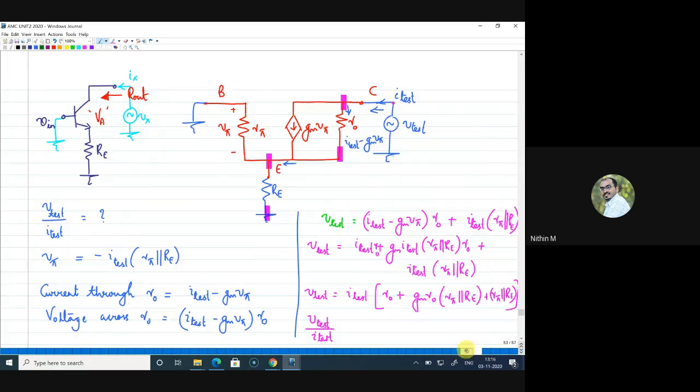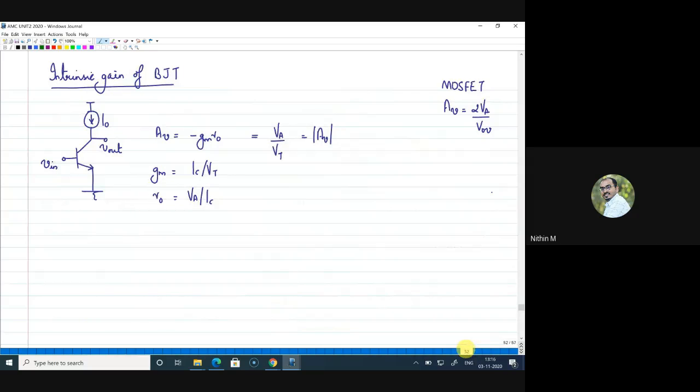Right. Now probably you can go back and tell me how to arrive at the intrinsic gain of a BJT. So how will we do that? Yeah, so what I need to do is replace this with gm V pi with an R naught. On the input side we have R pi. So this is ground. To the input side I need to connect Vin. At the output you have a current source.